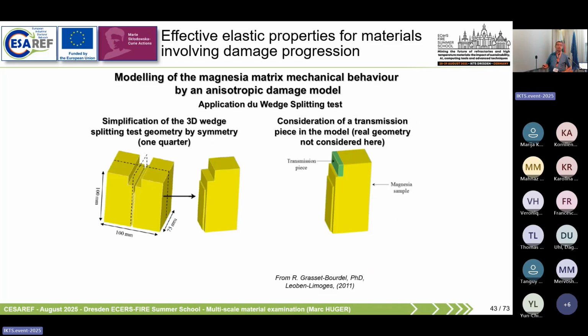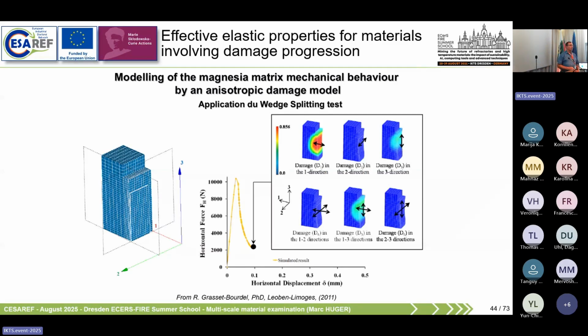And interestingly, I just picked up some results from Renault. You have seen a presentation about wedge splitting this morning, and you can implement the damage evolution in the wedge splitting test. You can see the evolution of the different damage parameters considering a tensorial damage parameter.